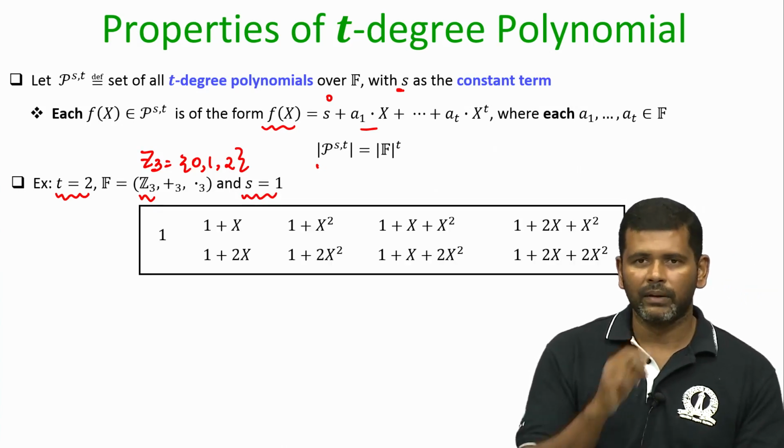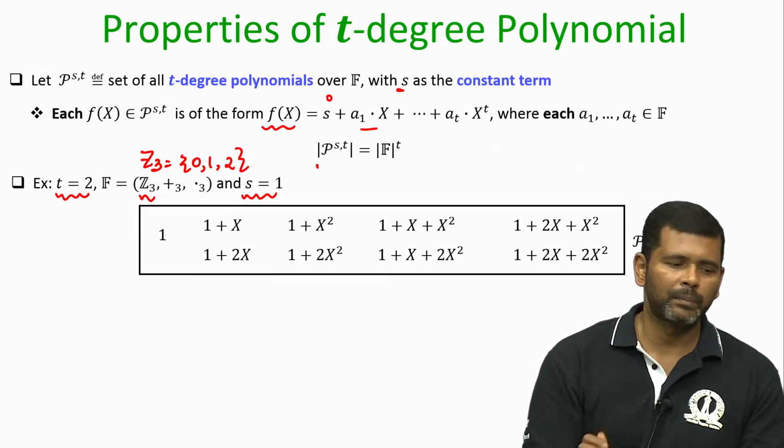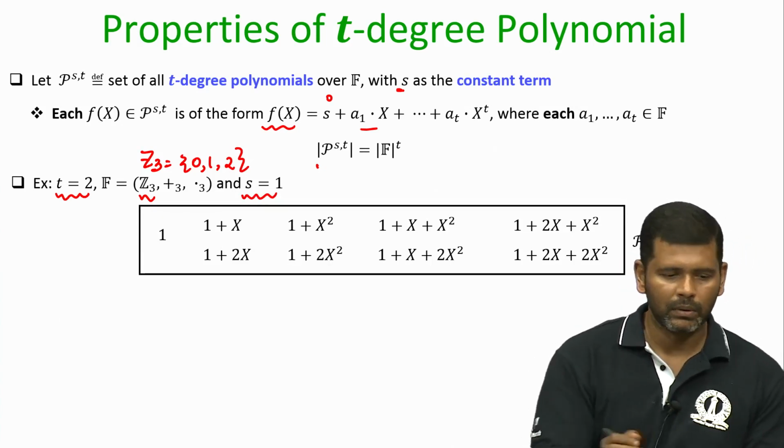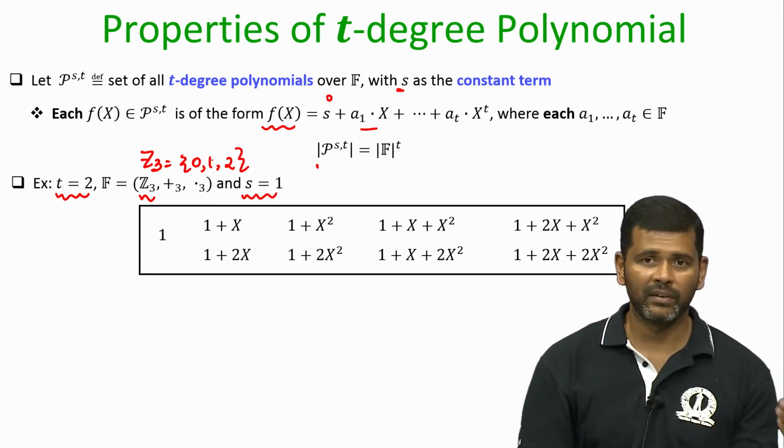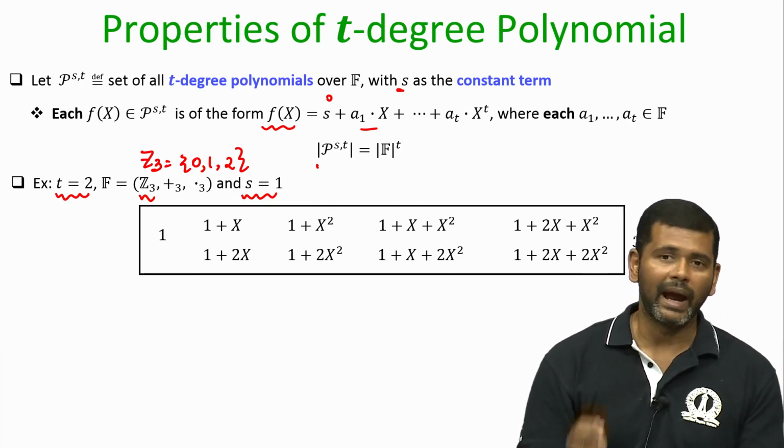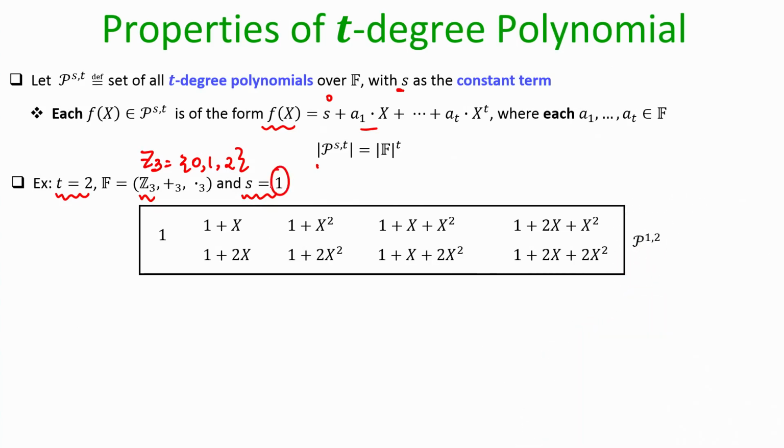So, if I want to list down all possible polynomials of degree 2, where the coefficients could be 0, 1 or 2, and whose constant term is 1, then that collection of polynomials as per my notation is this, and you can see that I have 9 polynomials, because the cardinality of the field is 3, and 3 square is 9.